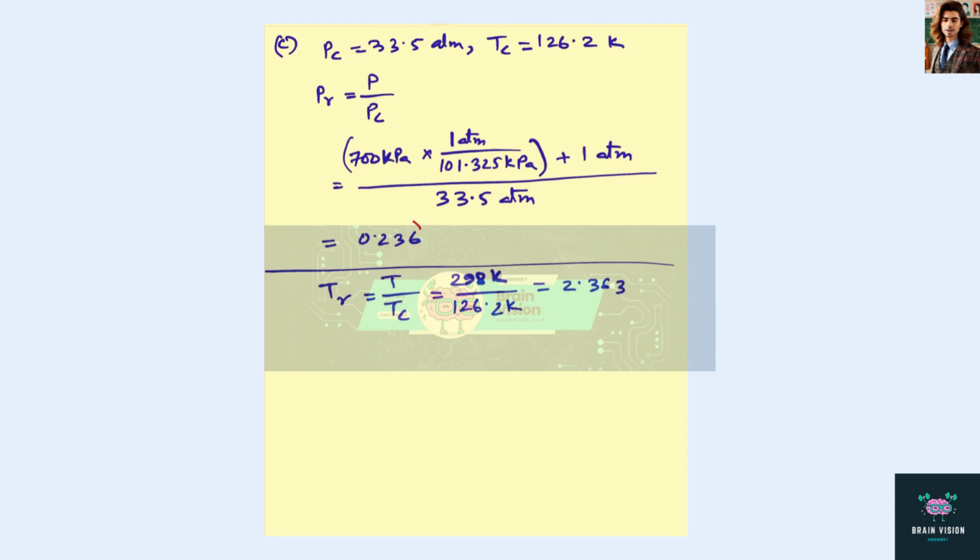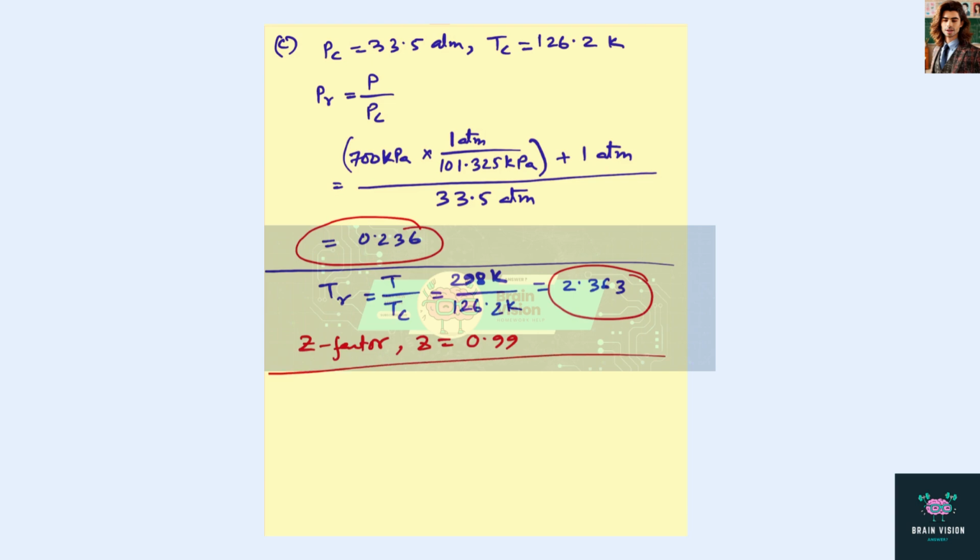Now for this reduced pressure and reduced temperature, we get the Z factor. We get the Z value as 0.99. Now we can use the compressibility factor equation of state and calculate the number of moles of gas.